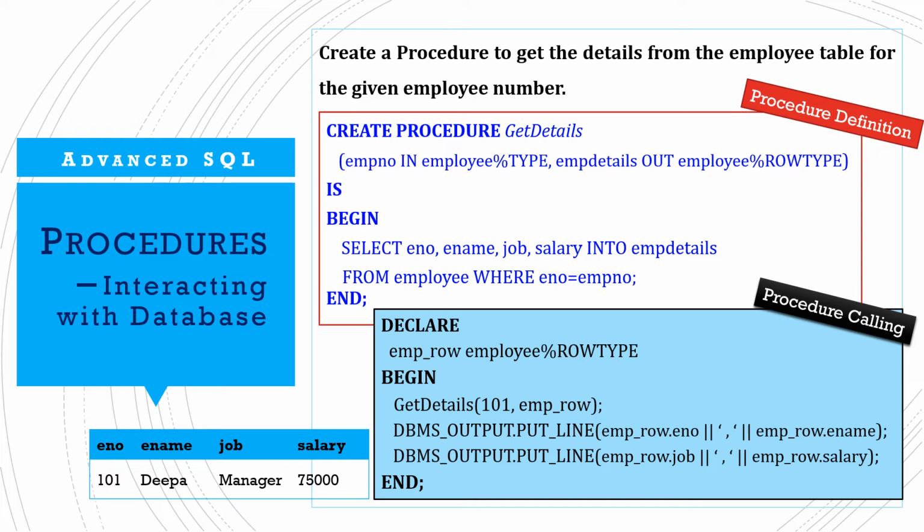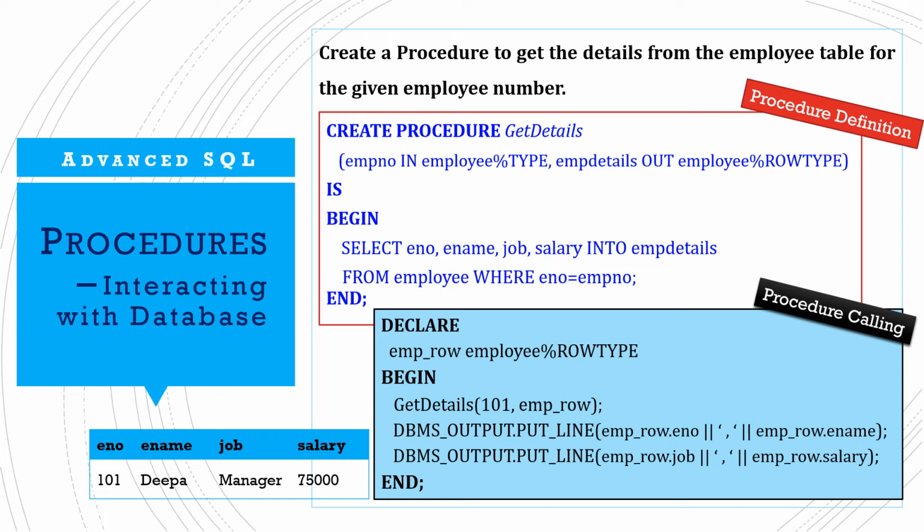Then from the table employee, where the condition is e number is equal to emp number. E number is the variable in the employee table and emp number is the parameter that we are going to pass in this procedure.